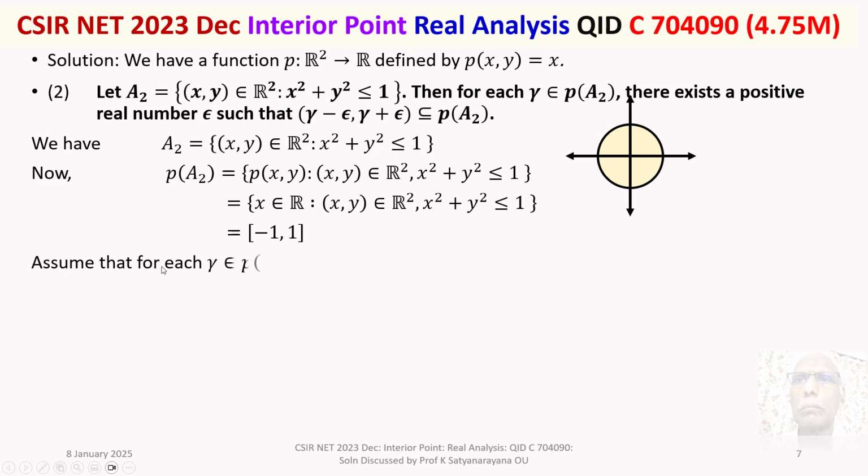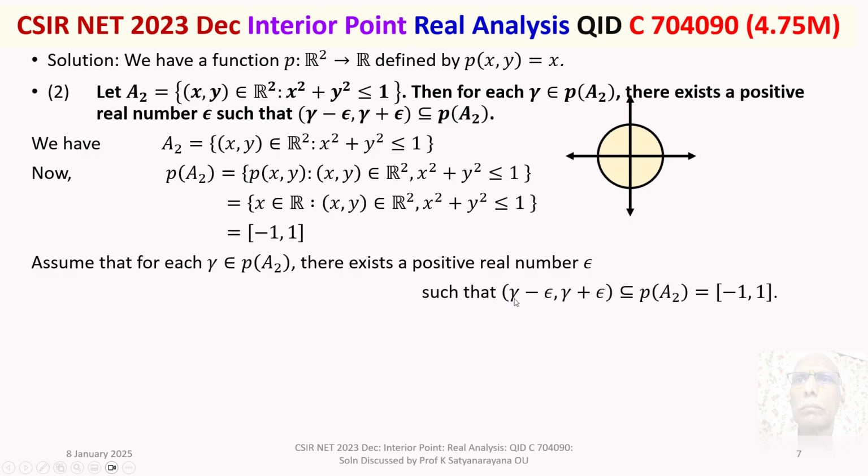So, assume that for each gamma belongs to P of A2, that is, for each gamma belongs to the closed interval -1 to +1, there exists a positive real number epsilon such that the open interval gamma minus epsilon to gamma plus epsilon is entirely contained in P of A2, that is the closed interval minus 1 to plus 1. And each point gamma belongs to minus 1 to plus 1 is an interior point of P of A2, that is the closed interval minus 1 to plus 1.